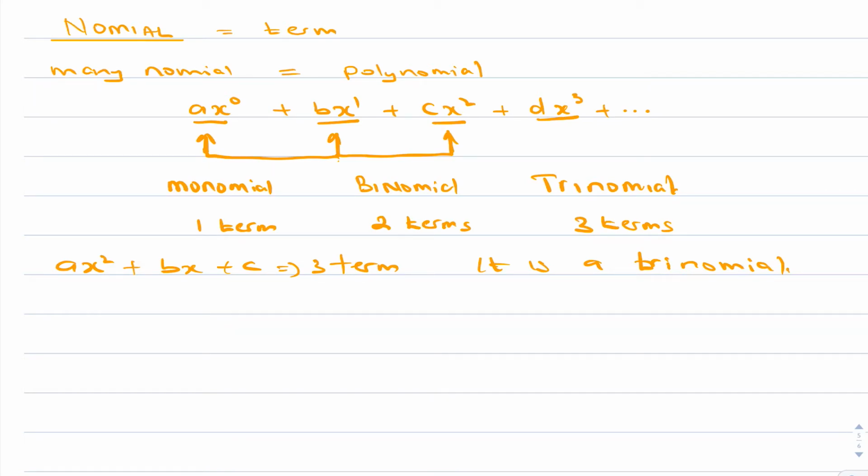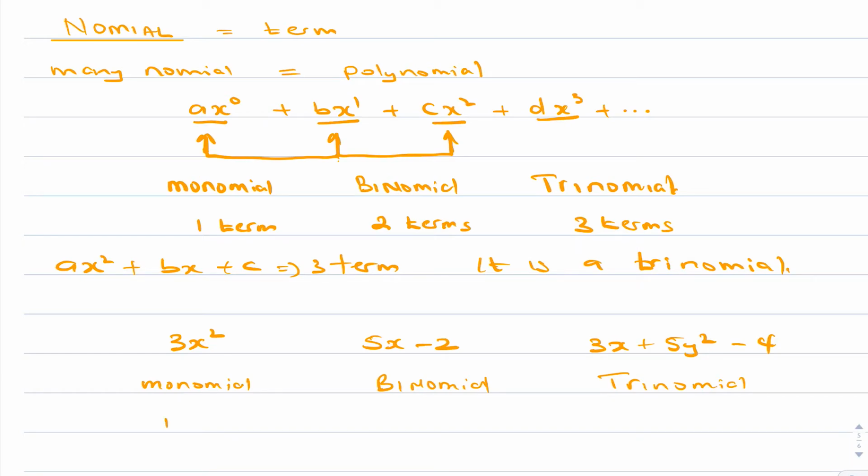Let me just write some more examples. If I have 3x squared, 5x minus 2, and 3x plus 5y squared minus 4, this one is a monomial, this is a binomial, and this one is a trinomial.